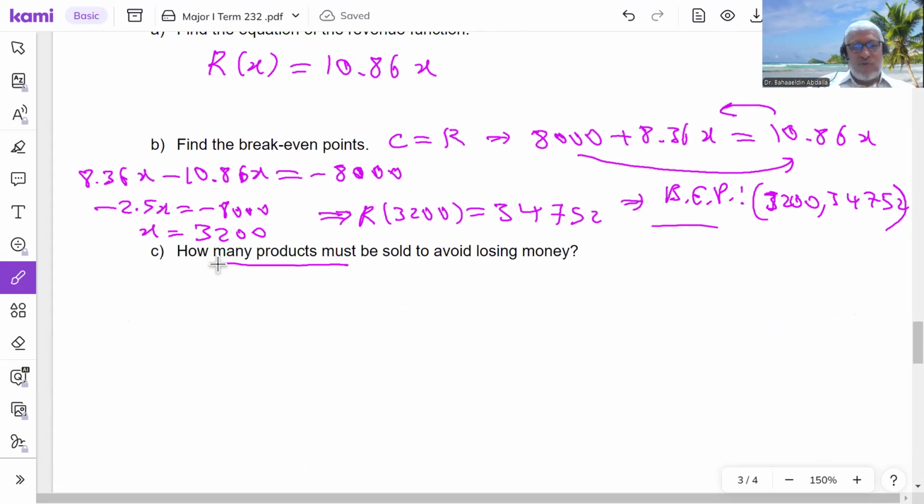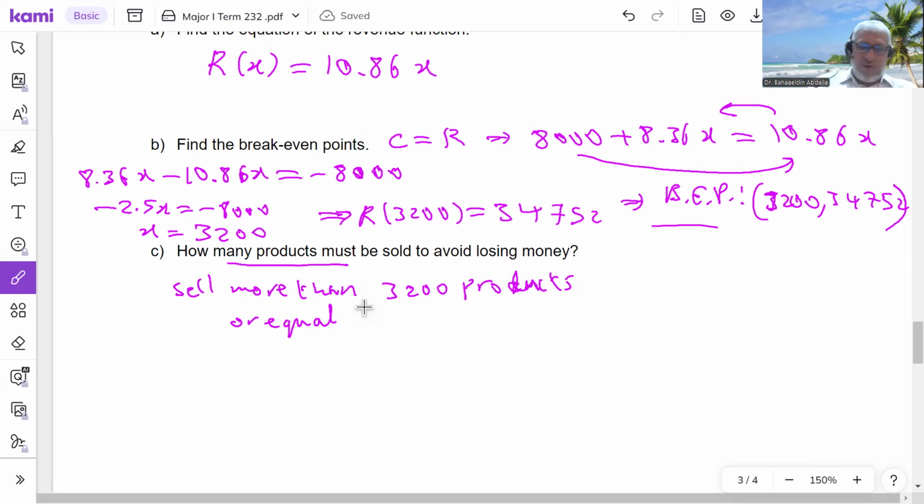So if you don't want to lose any money, you should sell more than or equal to 3,200 products. You will not lose any money if you sell 3,200, but you will not get any money also.